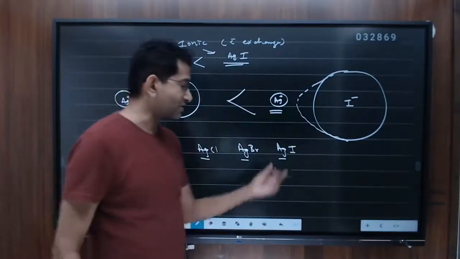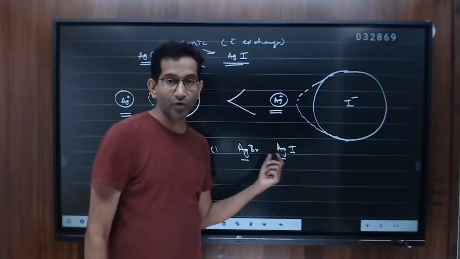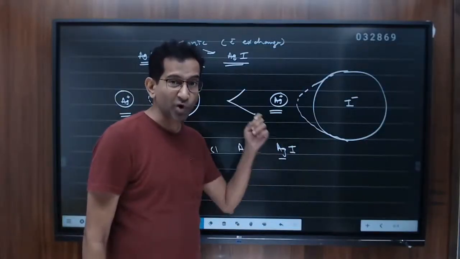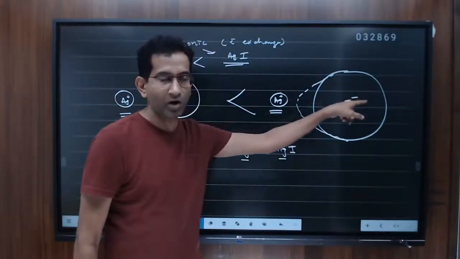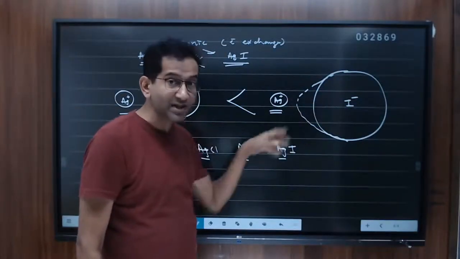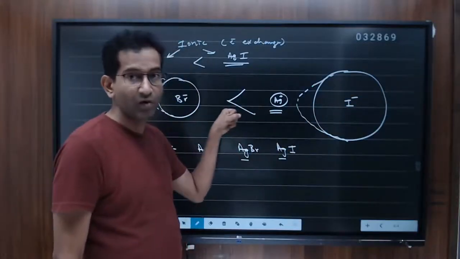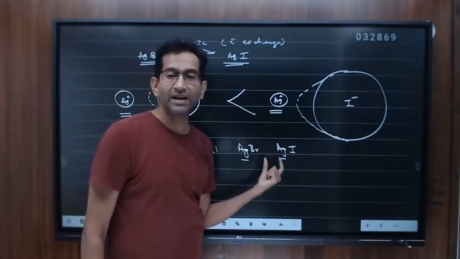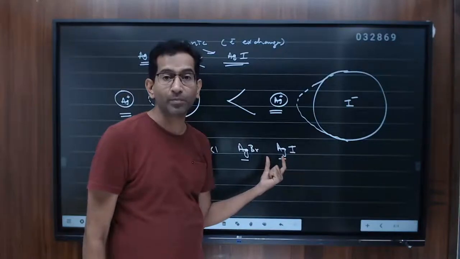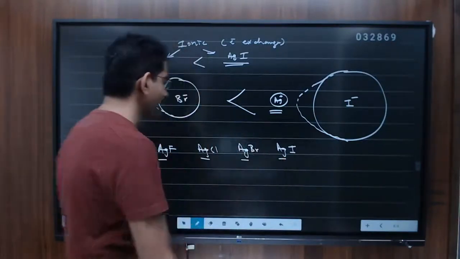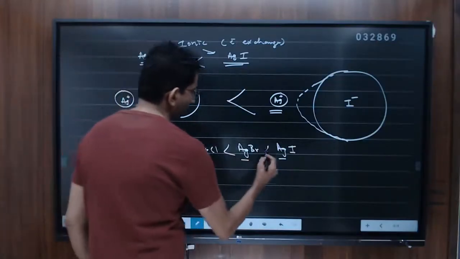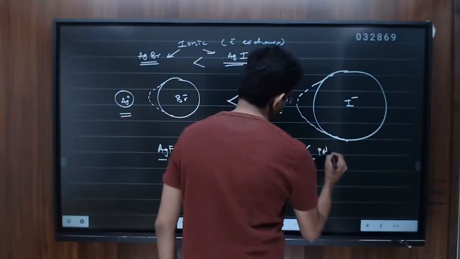So in case of AgI, the attractive force of the nucleus over its own electron cloud will be very poor, so it will allow this Ag+ to pull the electron cloud towards it. Means AgI will have maximum polarization. So the polarization order will be what?